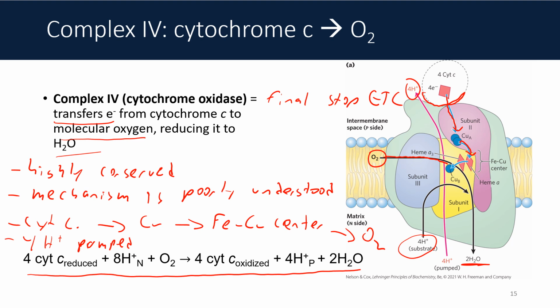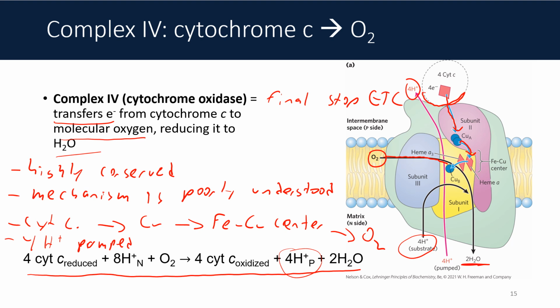1 equivalent of O2, or 2 equivalents of oxygen atoms, will yield 2 water molecules and 4 protons being forced through. Now at this stage, I want you to consider something.